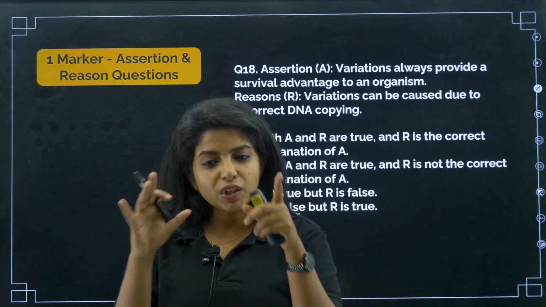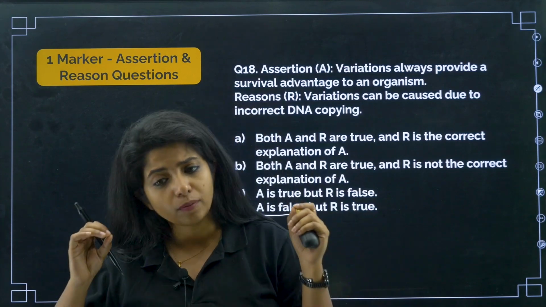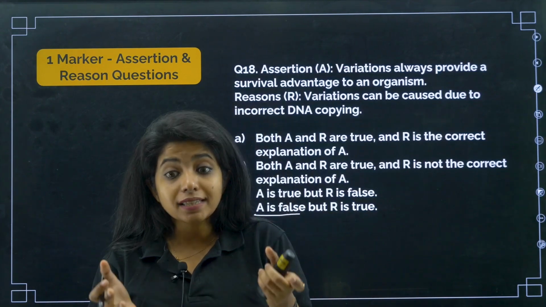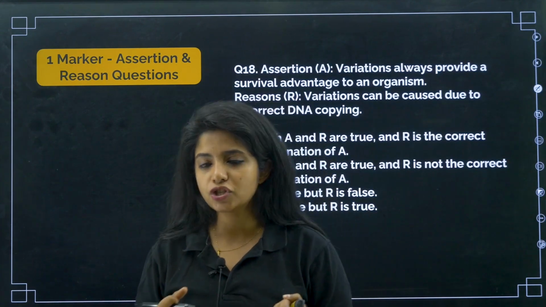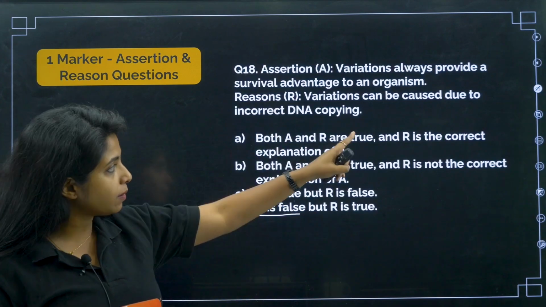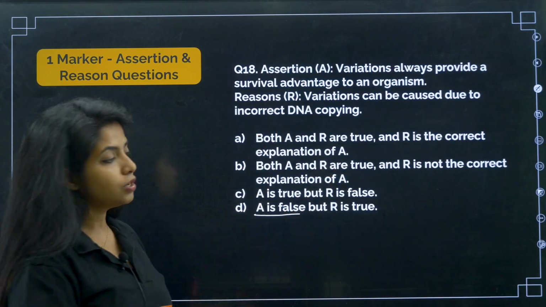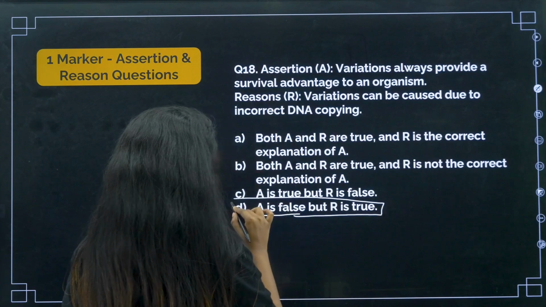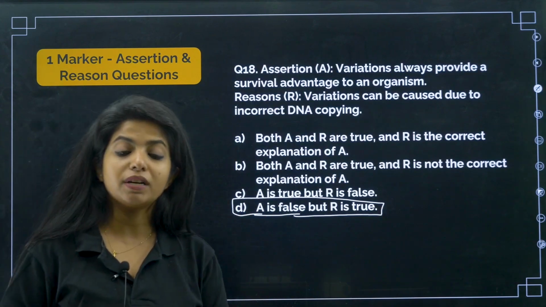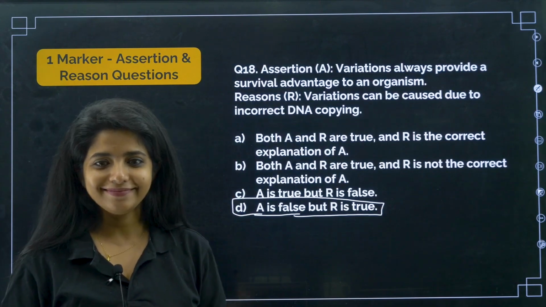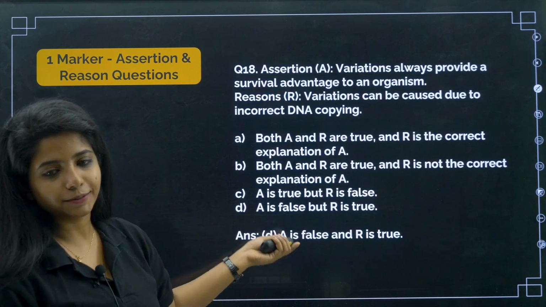This copying mechanism is not error free. There will be many errors, and these errors can lead to variations, my dear little children. So, this is entirely true. Variations can be caused due to incorrect DNA copying. So, A is false, but R is true. So, this is the answer.